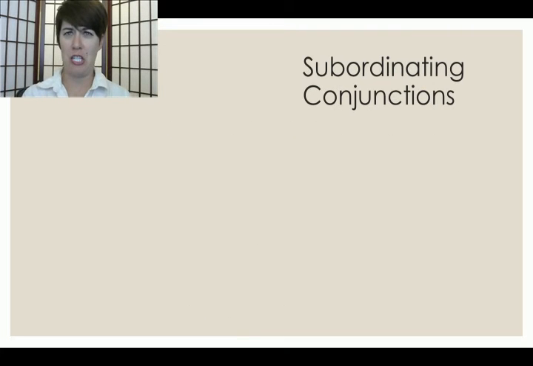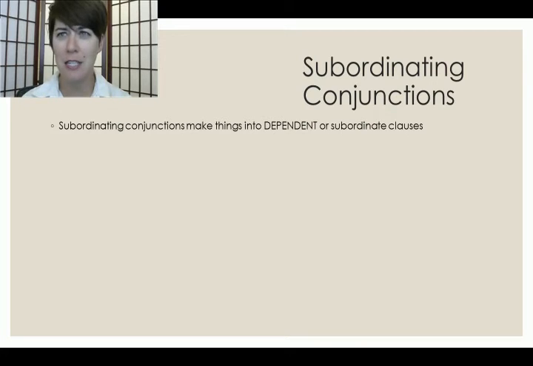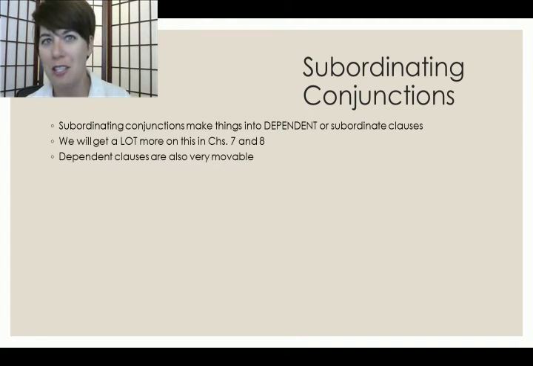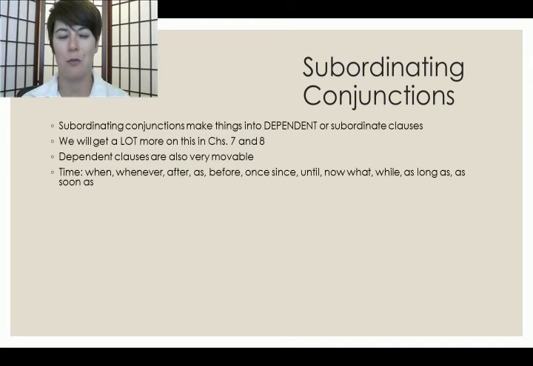Subordinating conjunctions are things that take clauses and make them into dependent or subordinate clauses. We are going to talk about this so much more in Chapters 7 and 8. Dependent clauses are very, very movable, and they're introduced by subordinating conjunctions, subordinators. Words that indicate time, words that indicate concession.